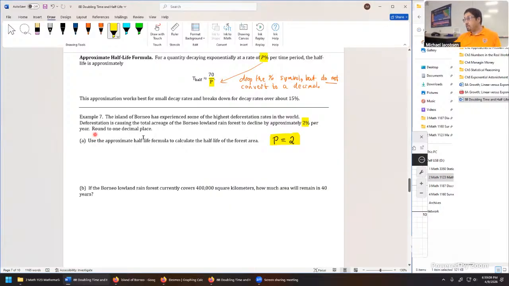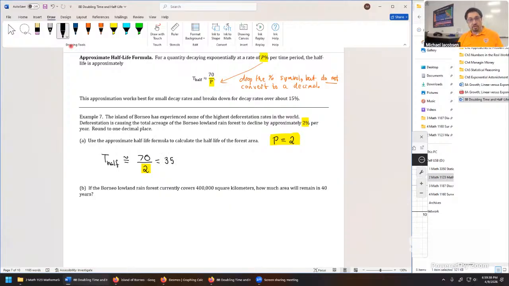So we want to know the approximate half-life of the area of this forest coverage. So we go, citing the formula above, T half will be approximately equal to, take 70, divide by 2 for the value of P. That's a faster computation. This will come out as 35.